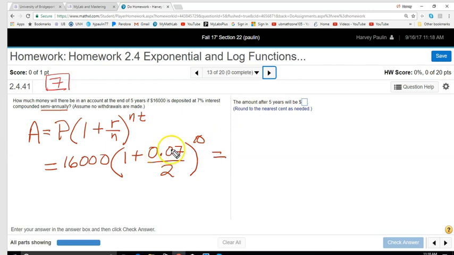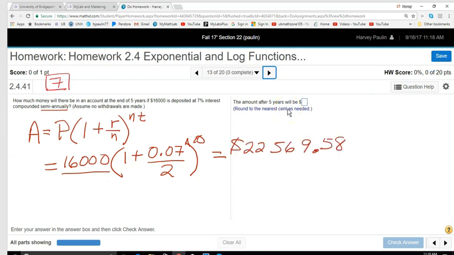Now, again, figuring this out in your calculator, the suggestion is you go 0.07 divided by 2, add 1, then do caret 10, get a value in your calculator, then multiply it by this, and let's see what you get.